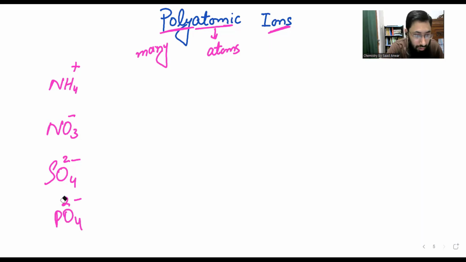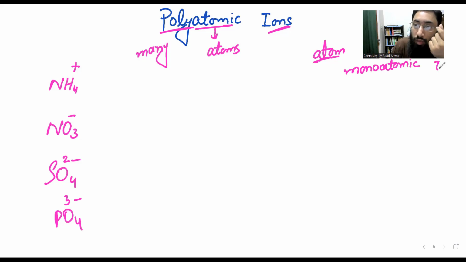So this one says minus 3. We cannot find polyatomic ions in the periodic table. In the periodic table, we can find only monatomic ions, like sodium ion, calcium ion, chloride ion, aluminium ion, oxide ions.